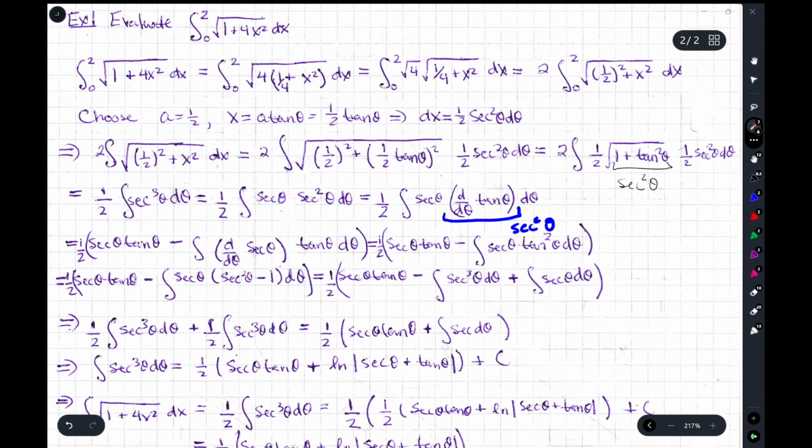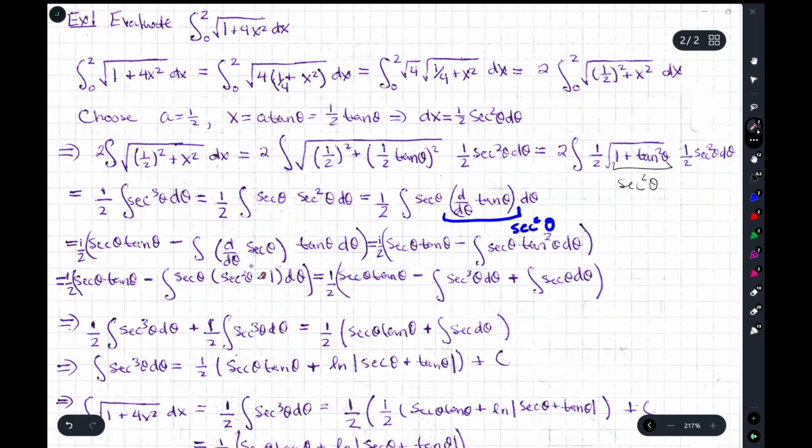And then I want to move the integral from the tan term to the secant term. And how do I do that? Well, as we looked at in the integration by parts, I'll have a secant theta tan theta. That's my boundary term, and I pay the price of a minus sign too. And now I get to put the d theta on the secant theta.